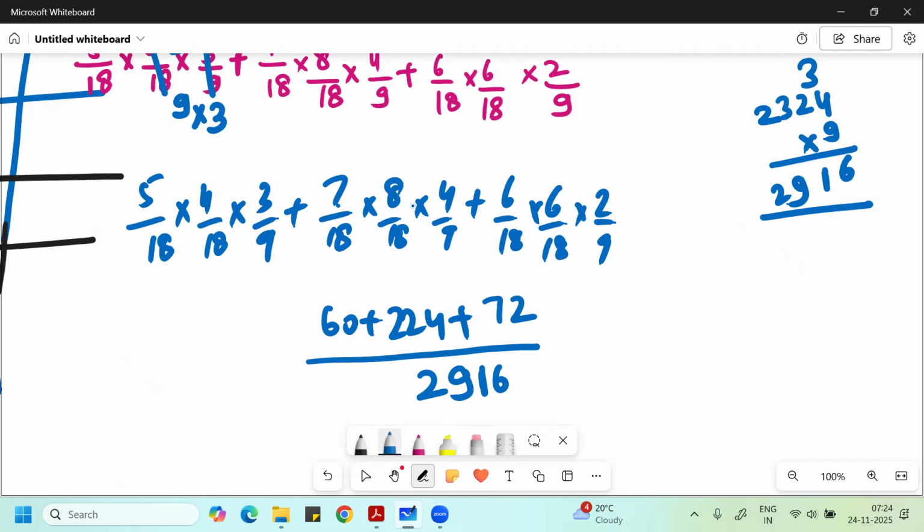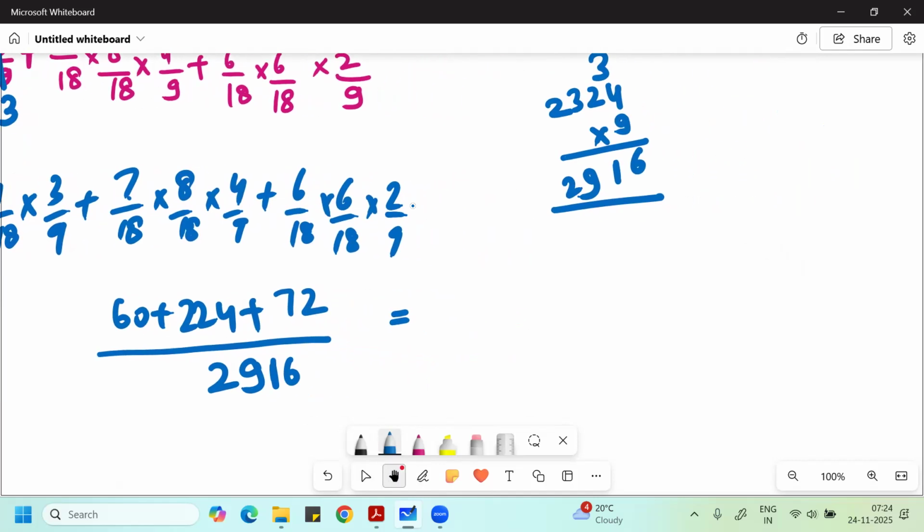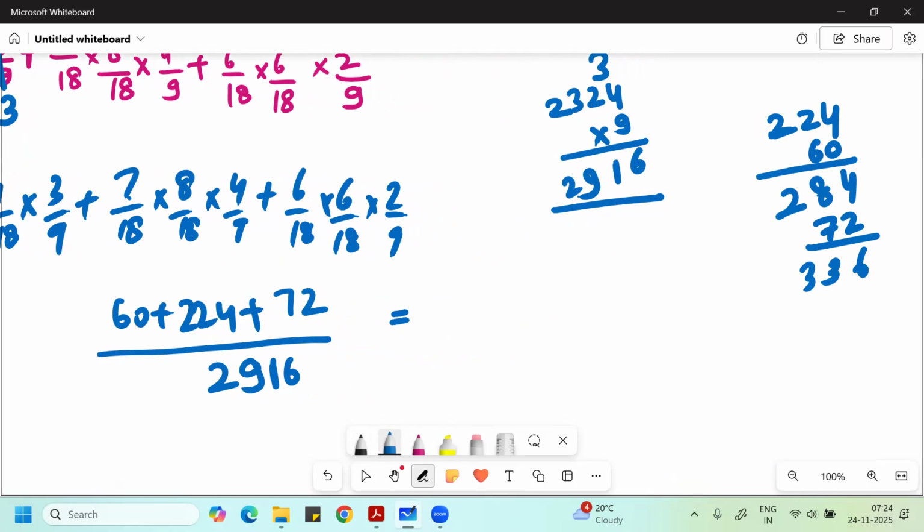So you will get the sum as 224 plus 60, this is 284, plus 72, 336. 336 by 2916.